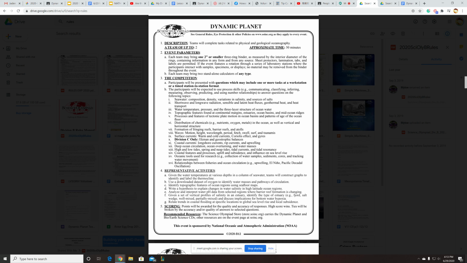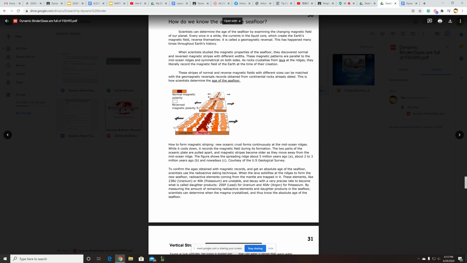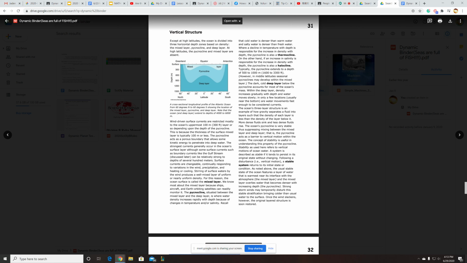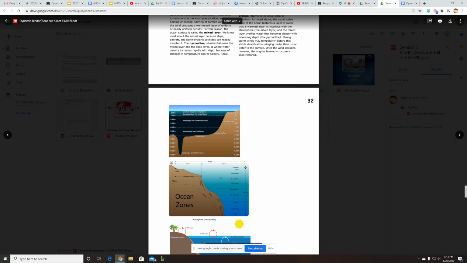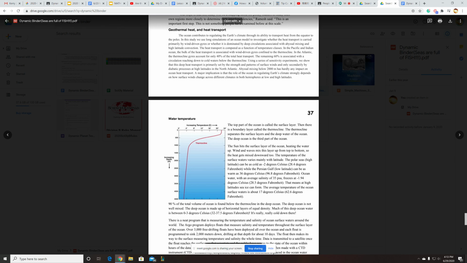The diagrams are usually about how water temperature relates to increasing depth in the thermocline. This is the only thing they usually test on for diagrams.